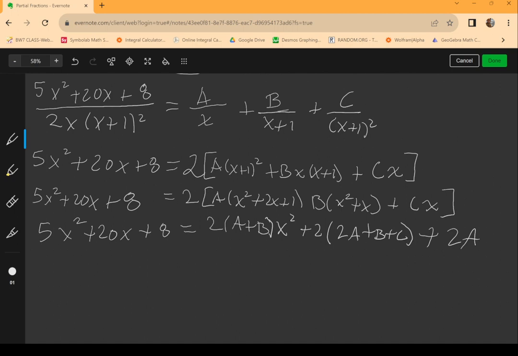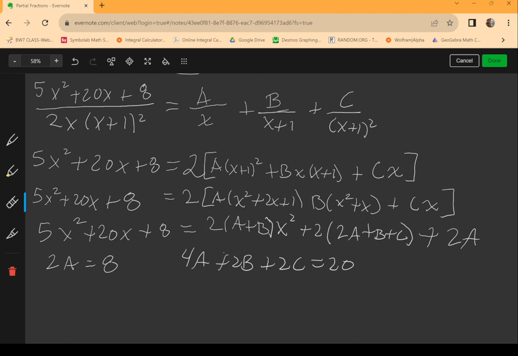All right, so here, kind of lining these up here, we get 2a is equal to 8. Actually here, let's go ahead and we can distribute that too. So we'll have 4a plus 2b plus 2c is equal to 20.